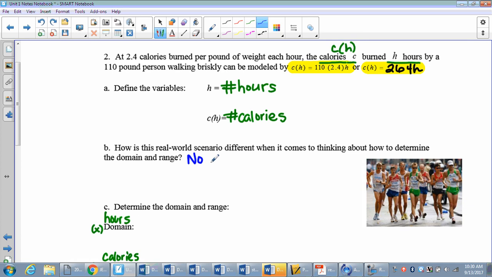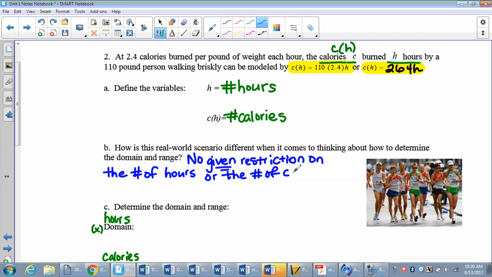No given restriction on the number of hours or the number of calories. So we are not given a restriction.